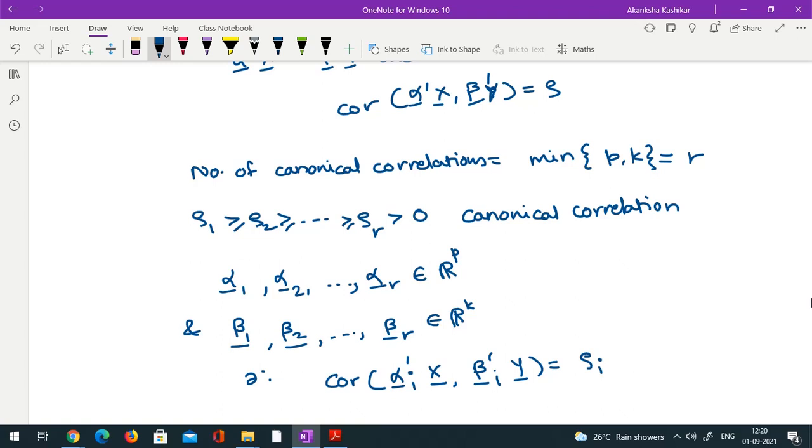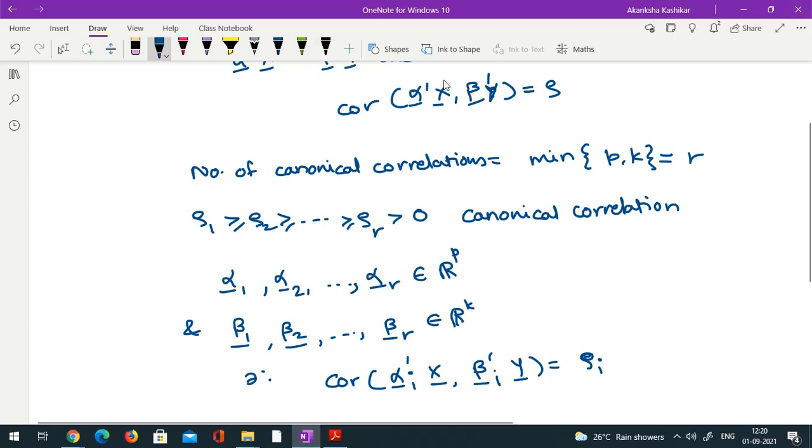So the first canonical correlation can be obtained by taking the first pair of canonical variates, alpha 1 prime x and beta 1 prime y. Is it okay? So this is one property of canonical variates.